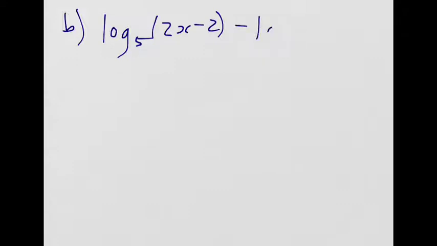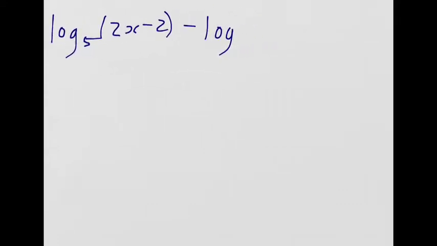The log of x squared plus 2x minus 3 base 5. Again, I've got x inside of a logarithm. What kind of values can those x values not be?